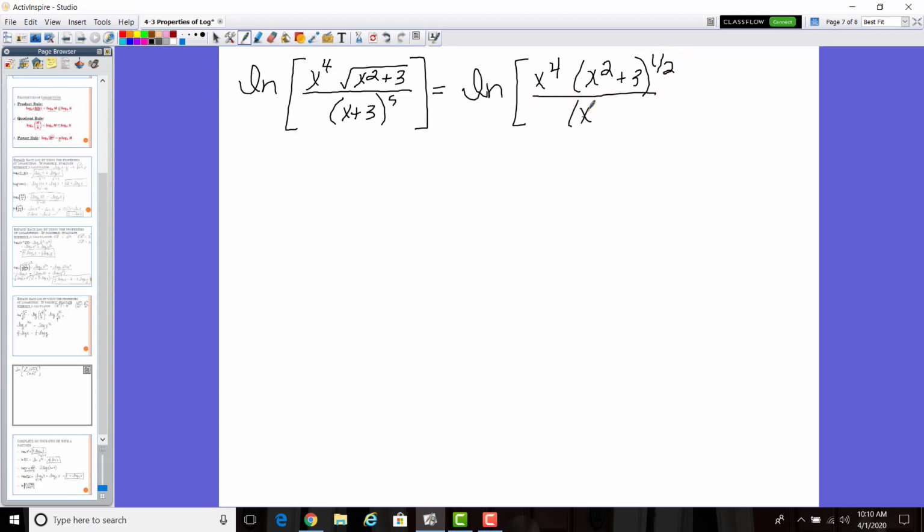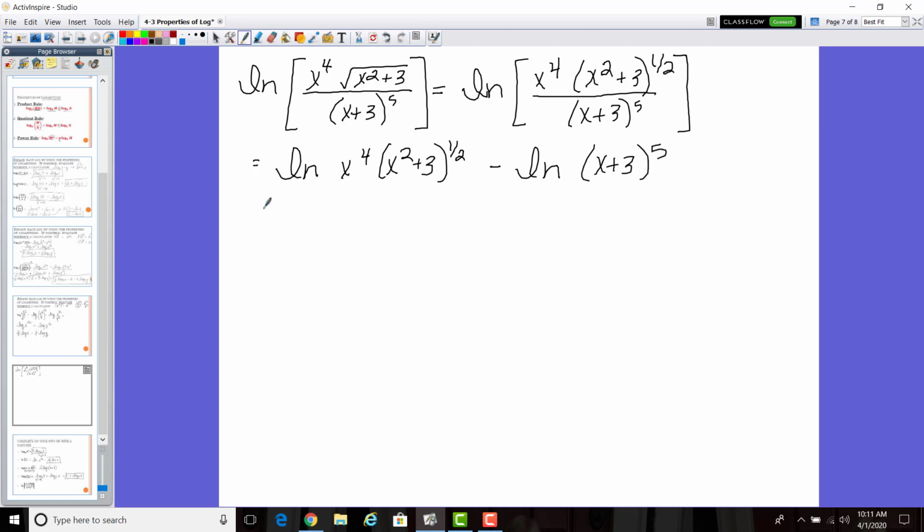All of that is divided by x plus 3 to the 5th. Now I can start expanding. In the numerator, I have x to the fourth times x squared plus 3 to the 1/2. I'm going to subtract, because of the quotient, a natural log of my denominator, x plus 3 to the 5th.